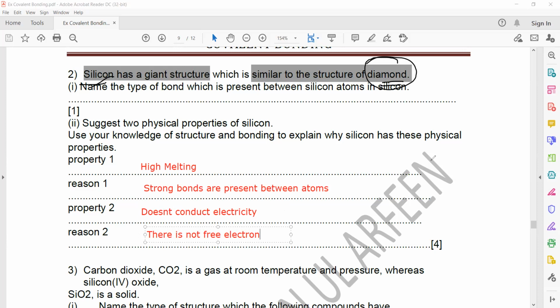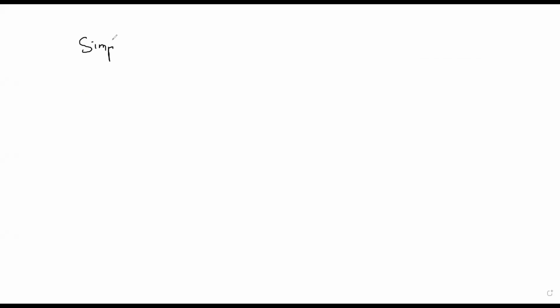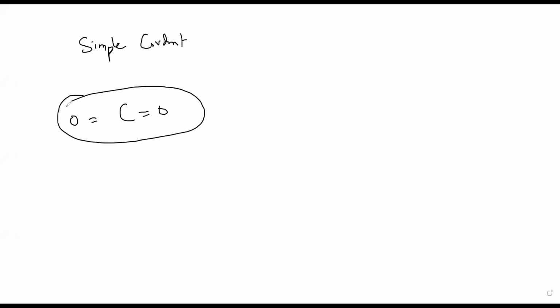So what is the difference between a giant structure and simple molecules? When you have, say, a simple molecule or simple covalent substance like carbon dioxide, this is one molecule of carbon dioxide. This is another molecule of carbon dioxide.